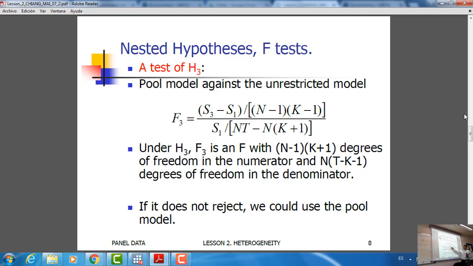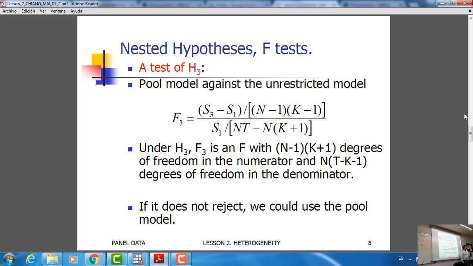The denominator S1 is the sum of squared residuals of the unrestricted model. And that is always the case for an F-test, always. So you may recognize or not that this is the way to read the F-test, but it is. And then here, what are we doing?